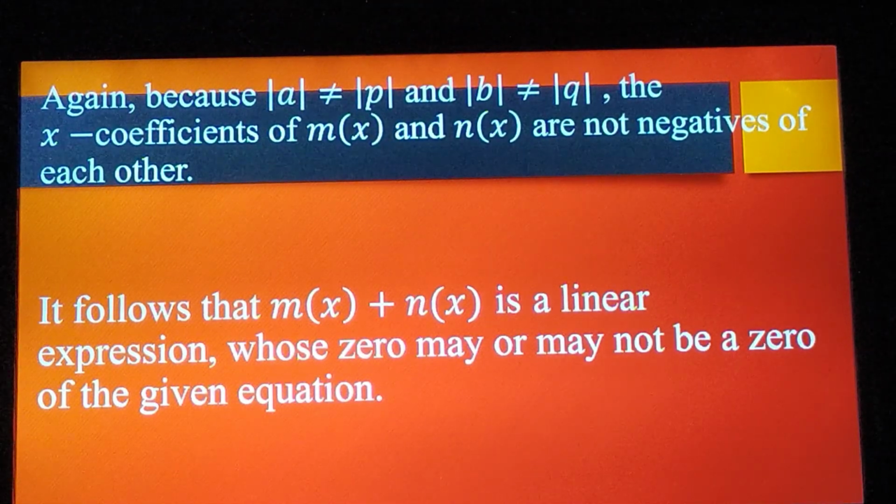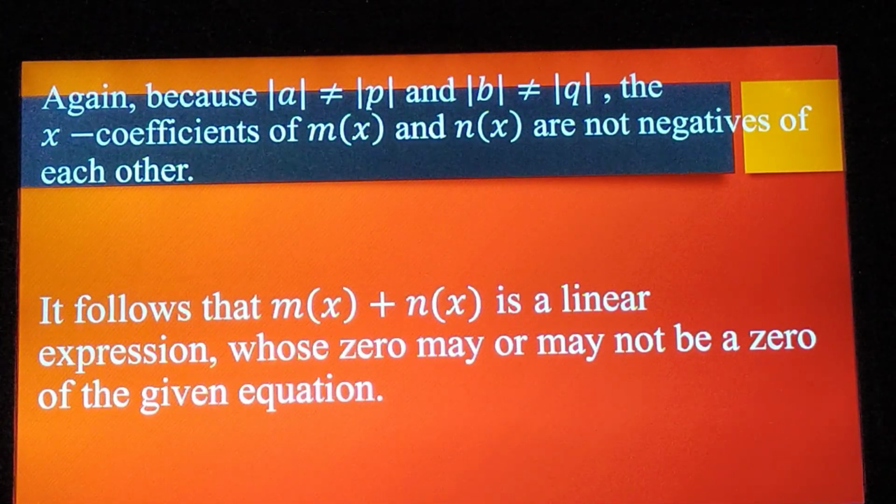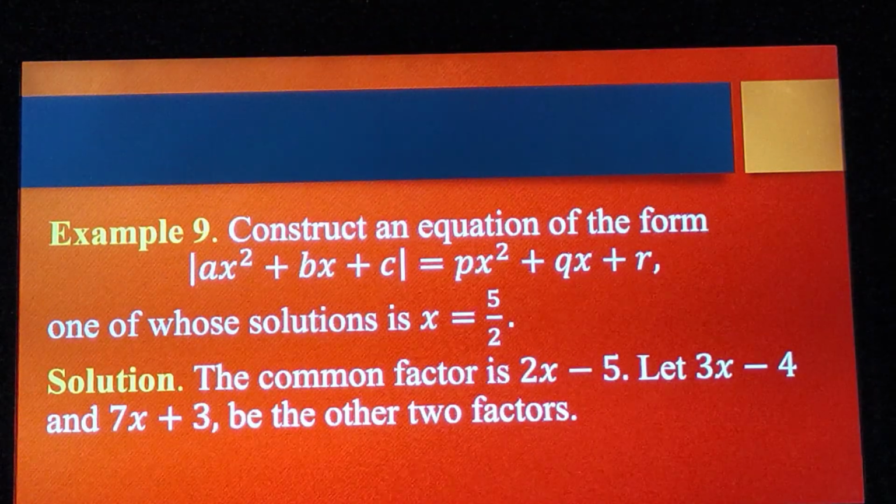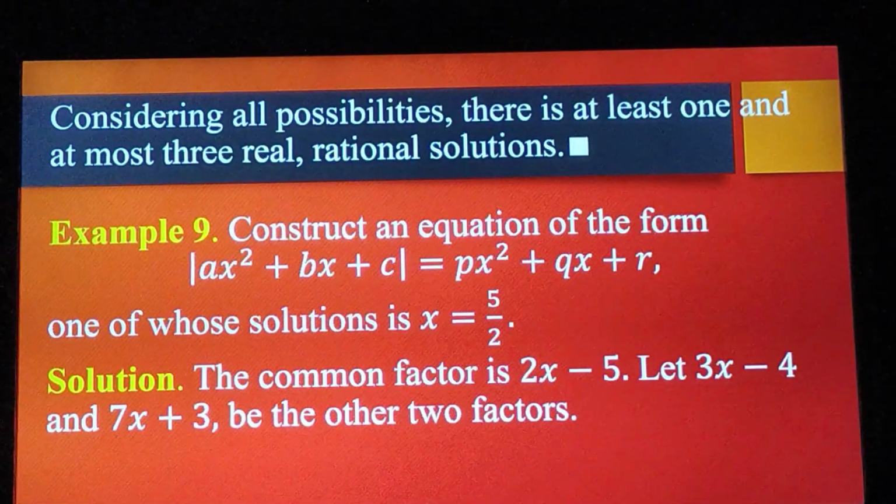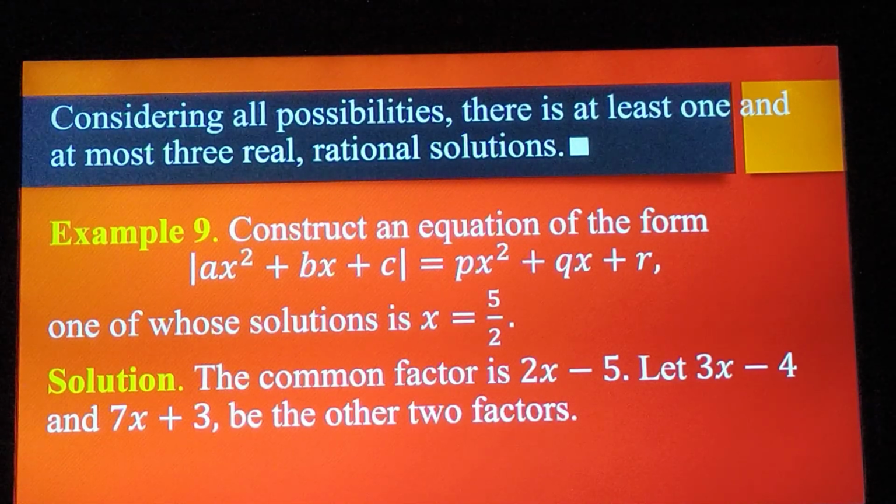It follows that m of x plus n of x is a linear expression whose zero may or may not be a zero of the given equation. Considering all possibilities, there is at least one and at most three real rational solutions.